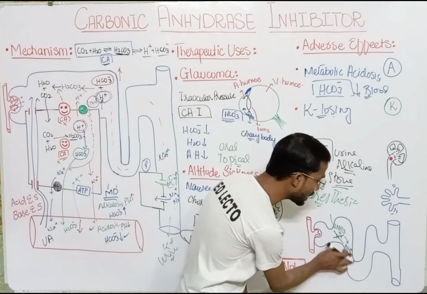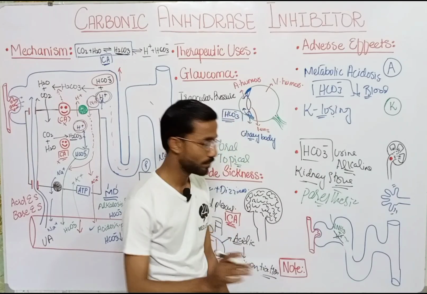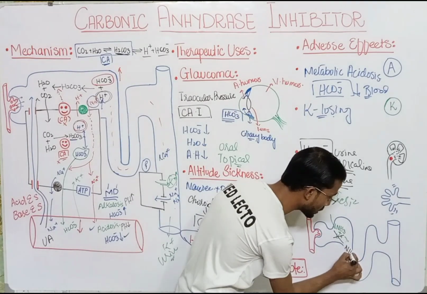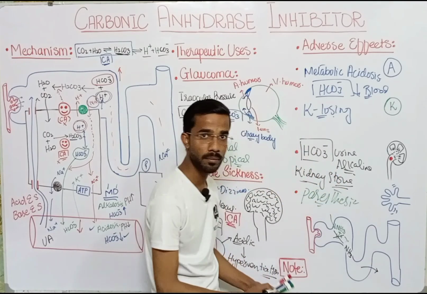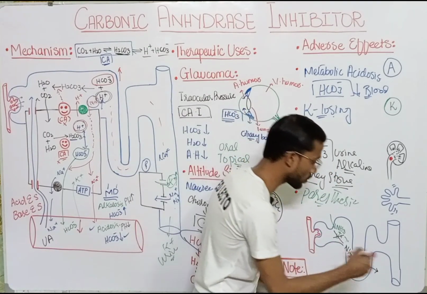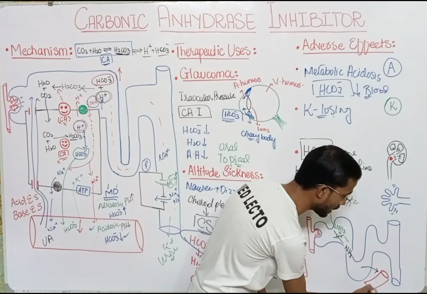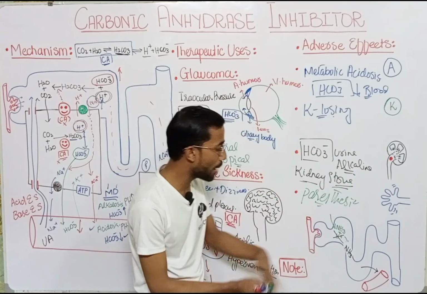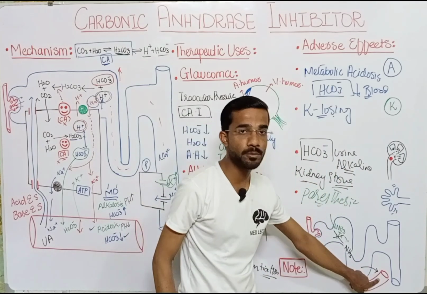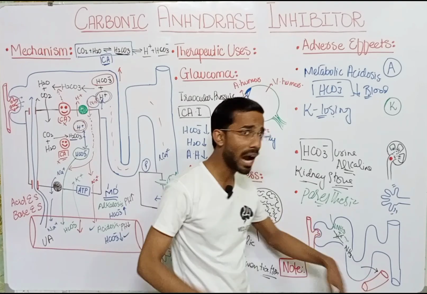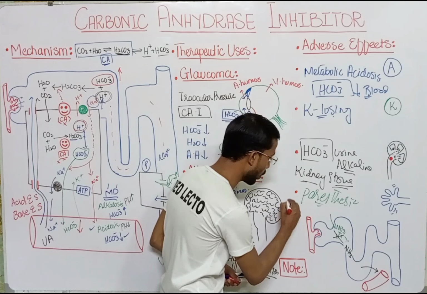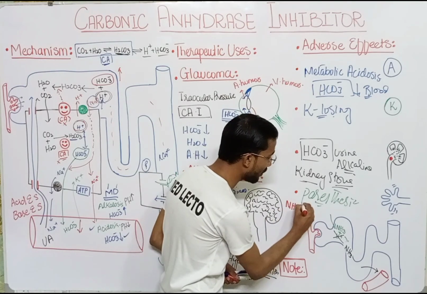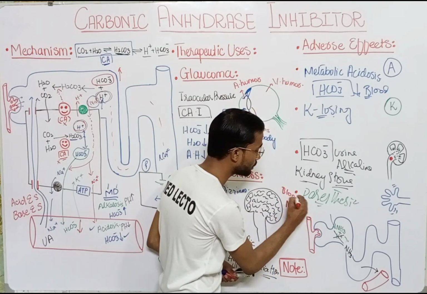Now if there is no ammonium ion and only ammonia is present in the tubule, then it will be reabsorbed again into the blood. Here is the blood vessel, and the ammonia will be absorbed into the blood. So ultimately the ammonia level in the blood will increase.